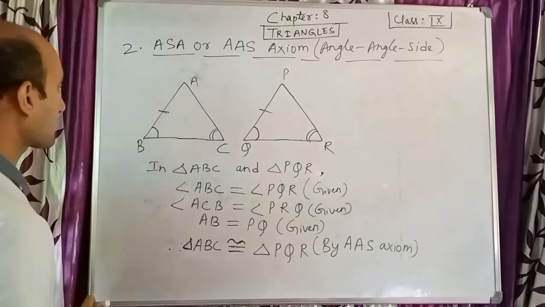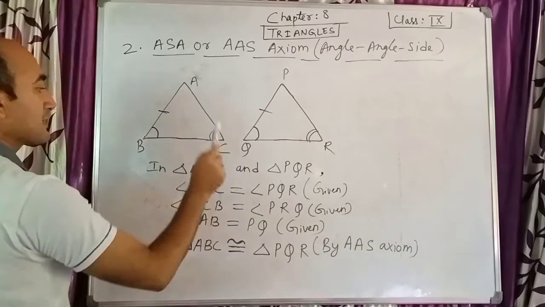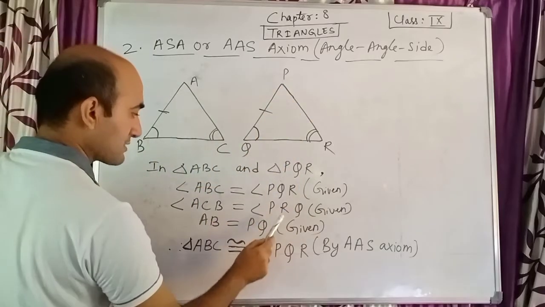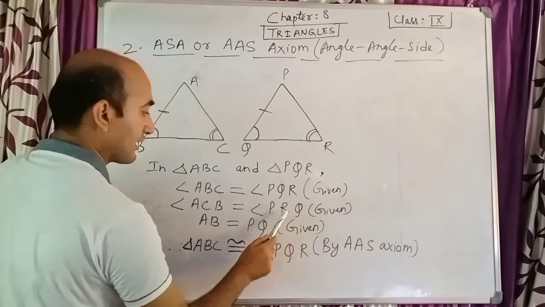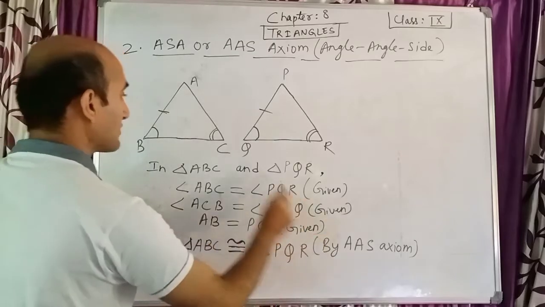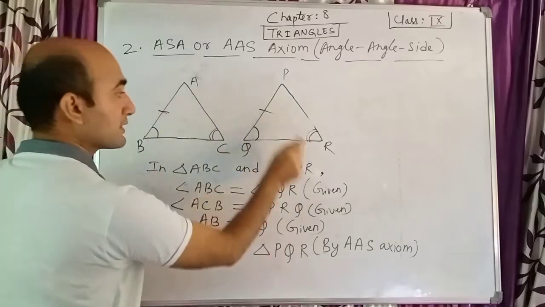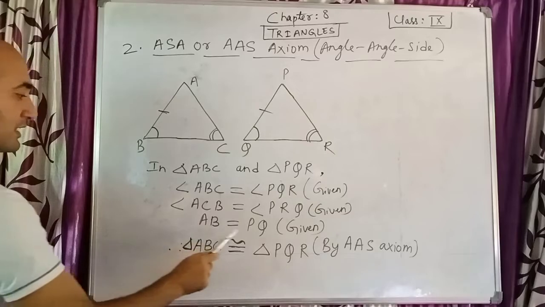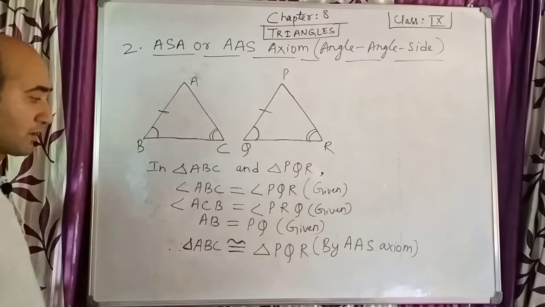Next, angle ACB, that means angle C, is equal to angle PRQ, that means angle R. Both are equal. It is also given, you can see the double mark. AB is equal to PQ. Both sides are equal, given.